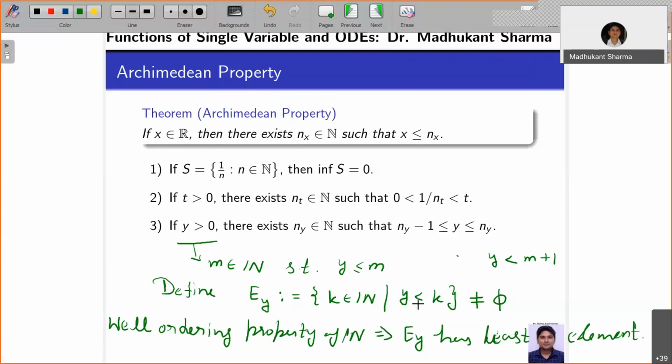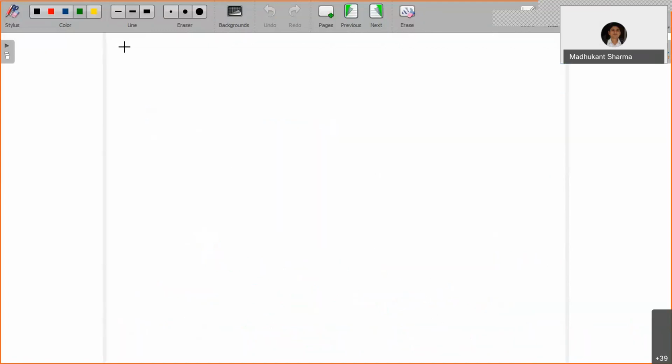This may be equal to y, because y may also be a natural number; you don't know, as y is only known to be greater than 0. So definitely y is less than or equal to n_y because of the E_y structure. And if y is a natural number, then y becomes the least. So y is less than or equal to n_y.